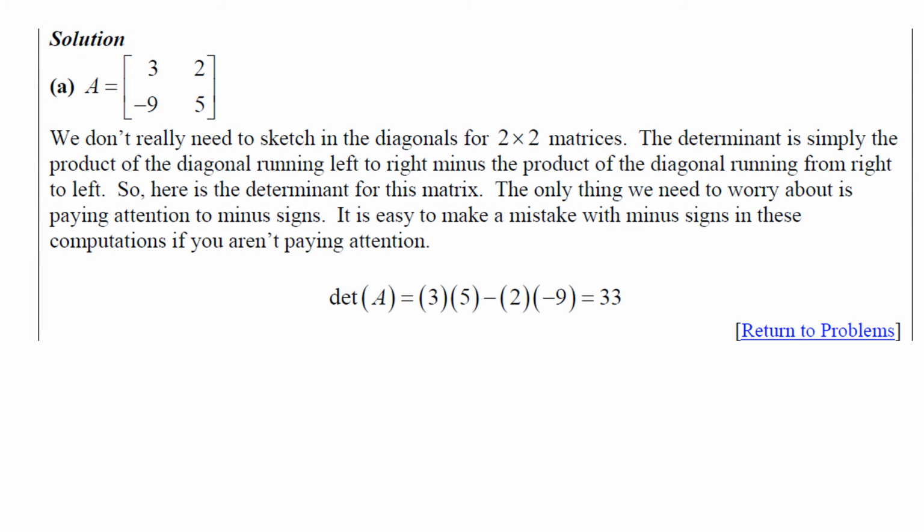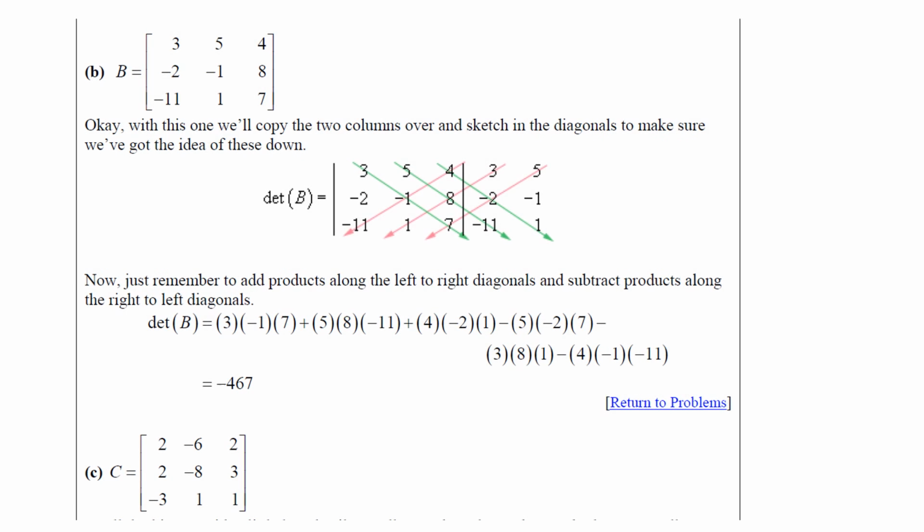Well, for A, it's pretty simple to discuss. It's 3 times 5 minus 2 times minus 9. You get 33. For B, we repeat the columns, and we go the green products, adding them together, minus the red products, and we get minus 467.